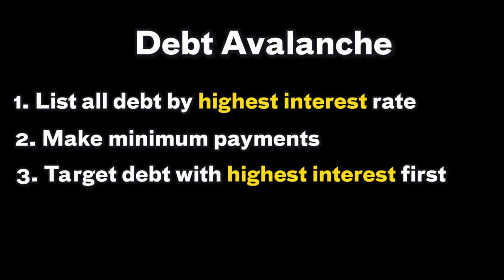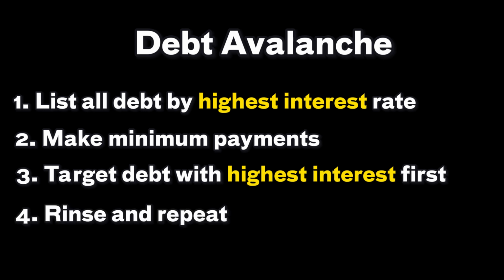And then step four, we're gonna rinse and repeat because after you pay off that debt with the highest interest rate, we're going to just move on to the next one. Okay, so in essence, we are paying off things that have the highest interest rate or the most expensive debt. We're just getting rid of that first.